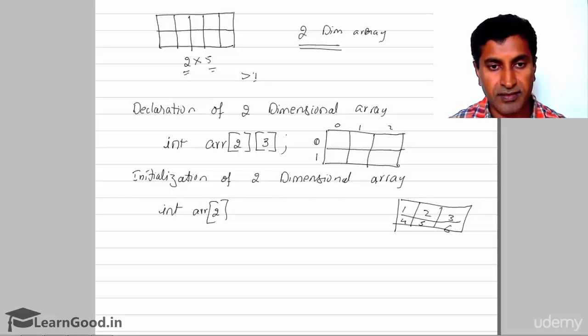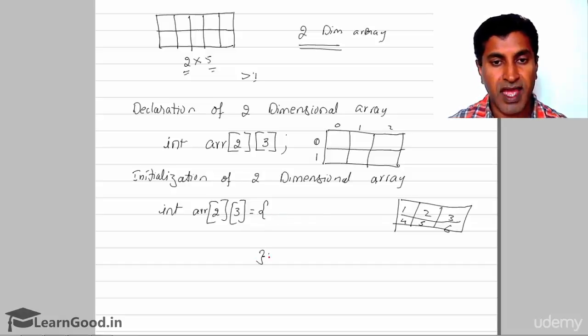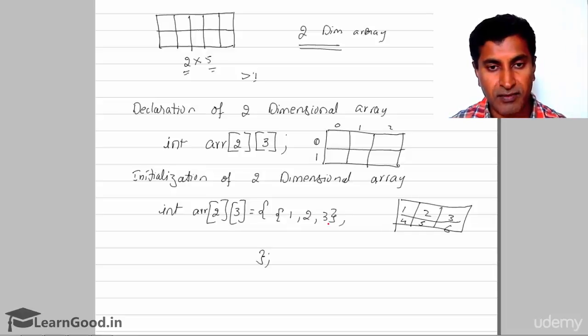A of 2 cross 3 is equal to, open the curly brace, that is for the whole matrix, and within this, for the first row, again one more curly brace, within that you give the values 1, 2, 3, close the curly brace, comma, for the second row data, again open the curly brace, 4, 5, 6. For the last row you shouldn't give a comma. So this will create a matrix of order 2 rows and 3 columns.